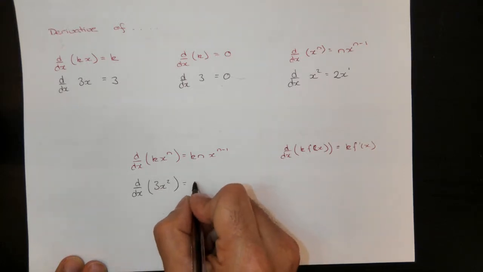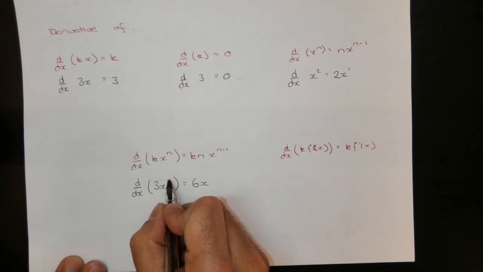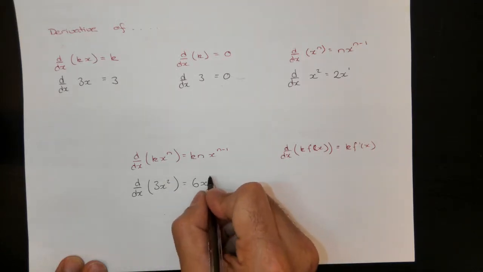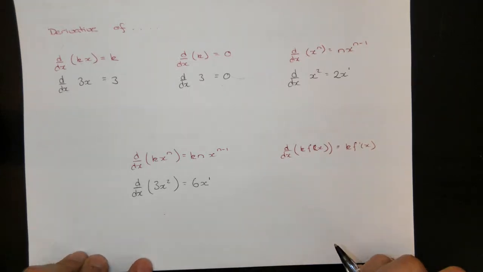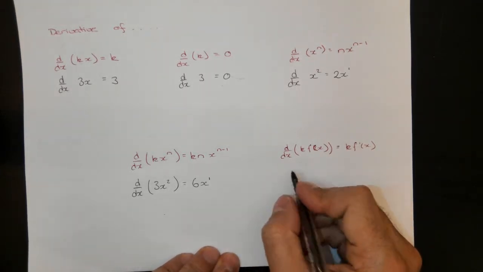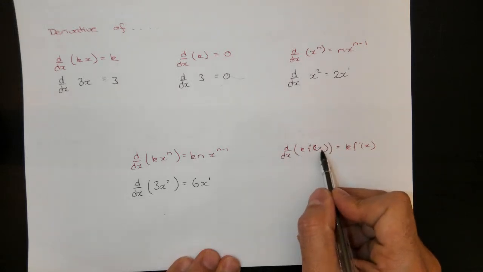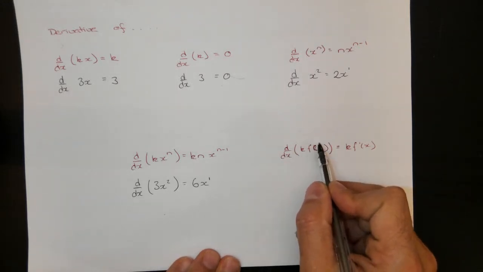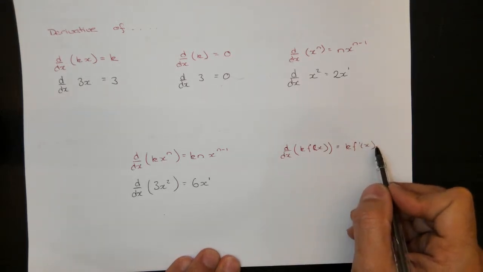So 2 times 3 is 6. We keep the x, and now we reduce the power by 1. So 2 take away 1 is 1. We don't really need to bother writing that. Okay? And obviously the last part is that if we have the derivative of k of a function, a function being multiplied by a scalar, well, that's going to be k multiplied by the derivative of the function.